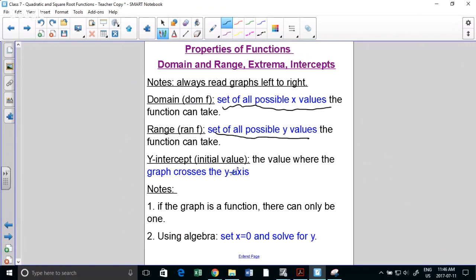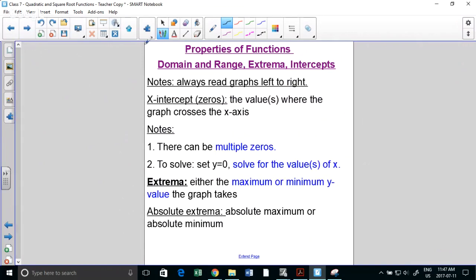Y-intercept, the value where the graph crosses the y-axis. We did this with lines, it's wherever it crosses the y-axis. For algebra, you're going to set x as 0 and solve for y.